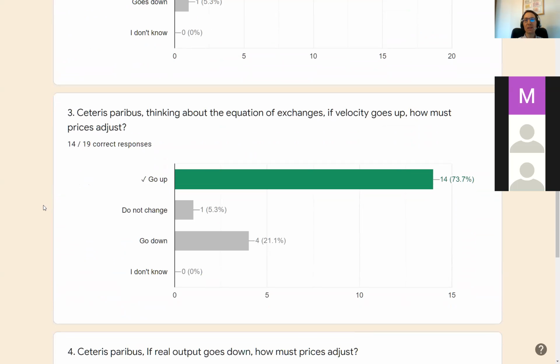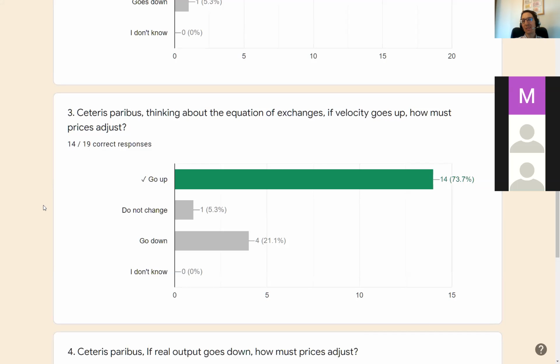Ceteris paribus, if real output goes down, how must prices adjust? Well, it's the same as before.